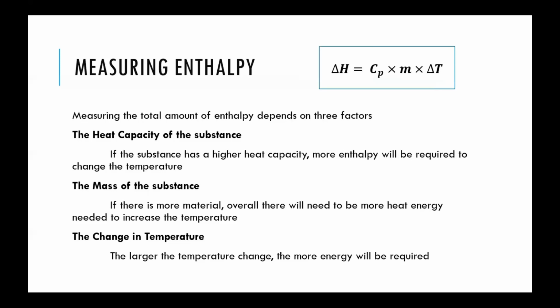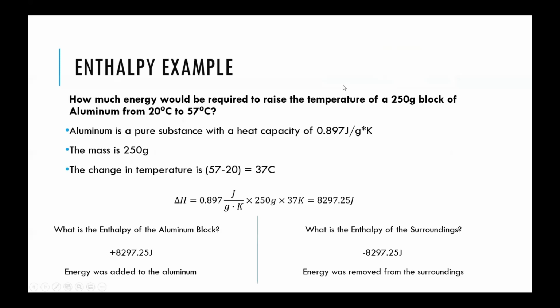This is, again, based on the specific heat capacity of the substance and the amount of the substance. To raise the temperature by a farther amount would require more energy. So a typical enthalpy calculation would be something like this.